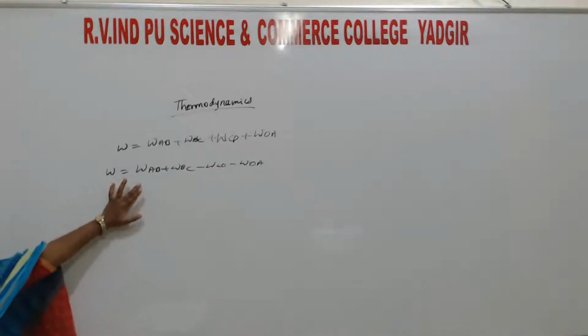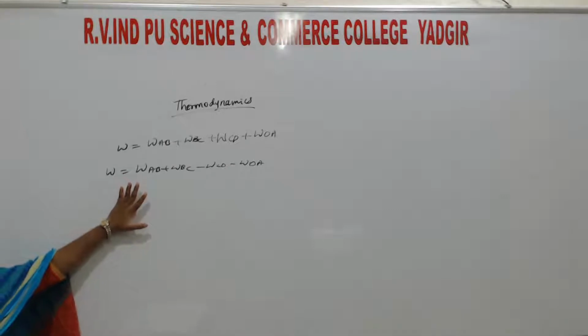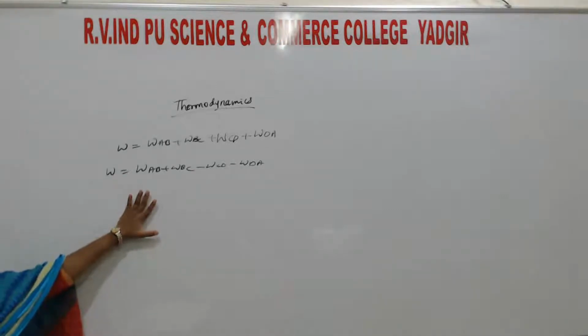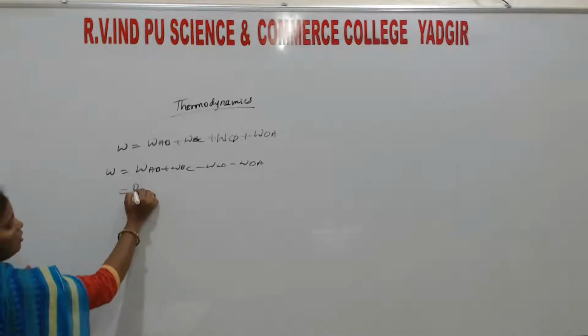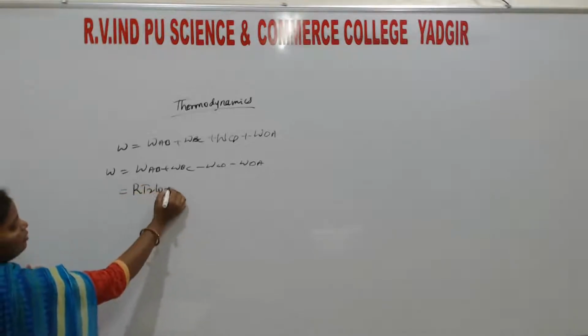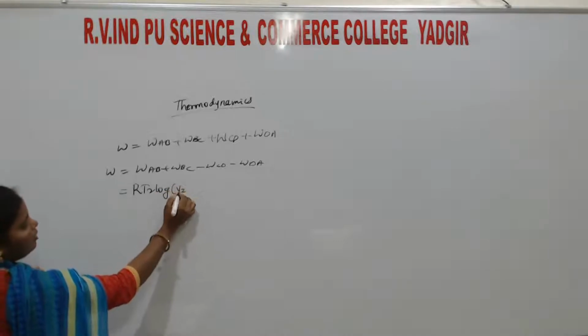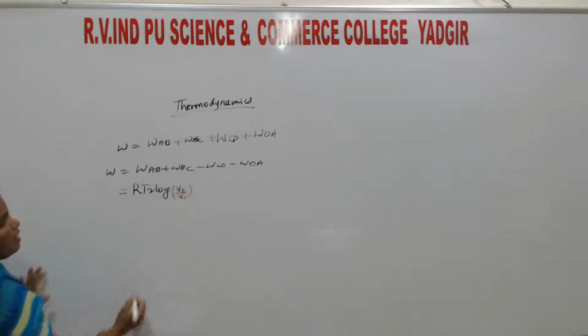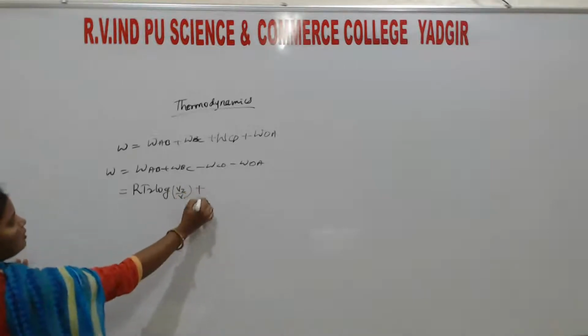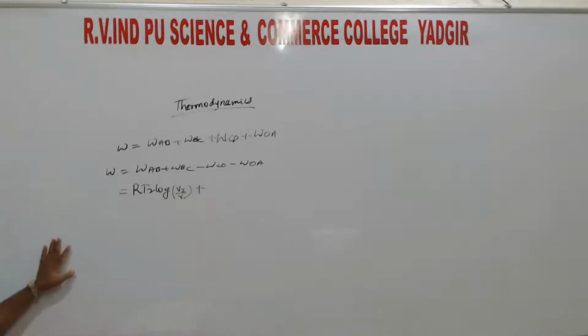WAB is RT2 log of V2 by V1. Therefore this is equal to RT2 log of V2 divided by V1, and plus here WBC, that is CV times T2 minus T1.